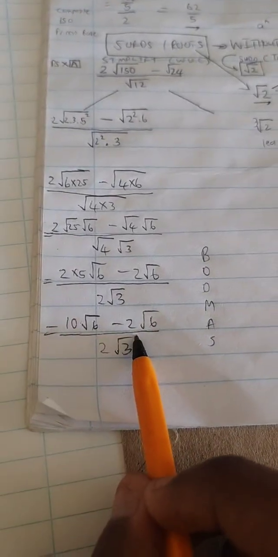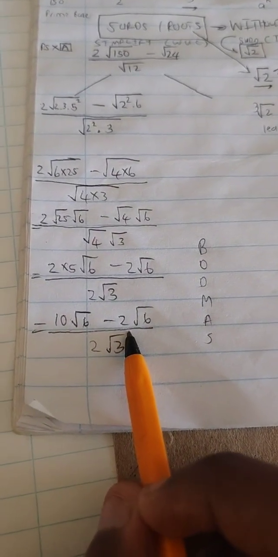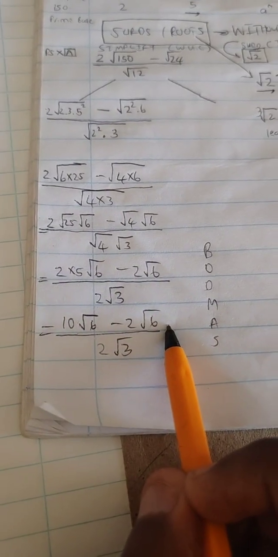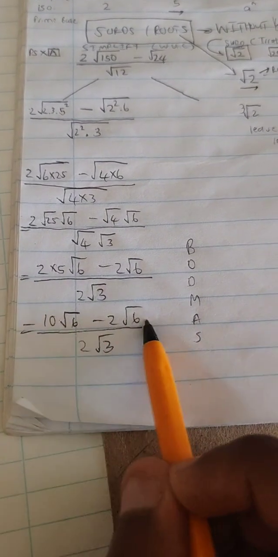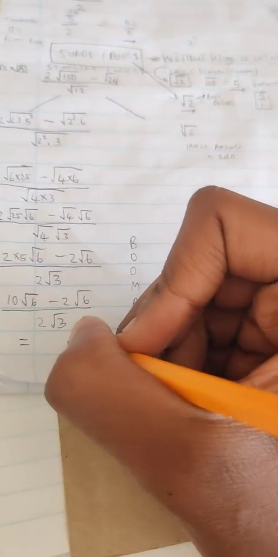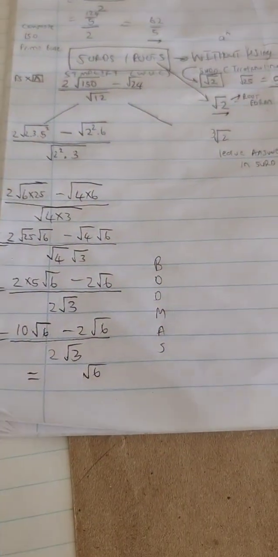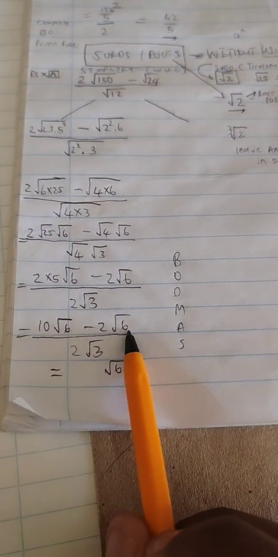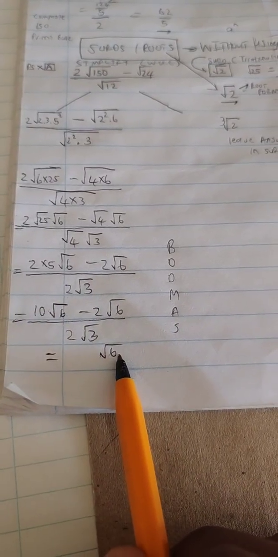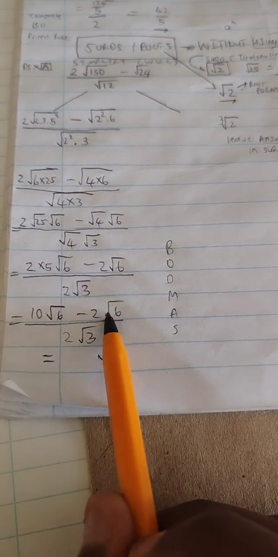So what do we do when we are dealing with like terms? In the numerator, can we subtract? Yes, we can subtract in the numerator. We keep the root, so it's root 6. Then we add and subtract the coefficients. What's 10 minus 2?